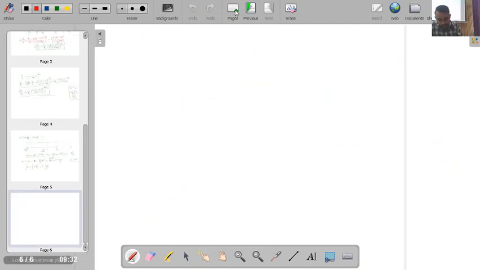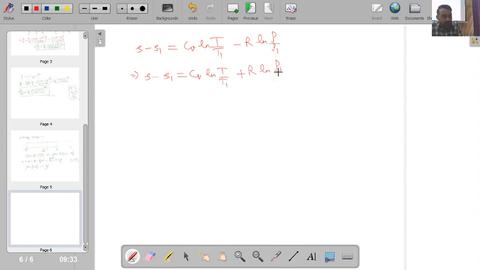So from here I will get S minus S1 equal to Cv times ln of T by T1 minus R ln of rho by rho 1. Simply, I can say that S minus S1 is equal to Cv times ln of T by T1, and this I can write plus R ln of rho 1 by rho.